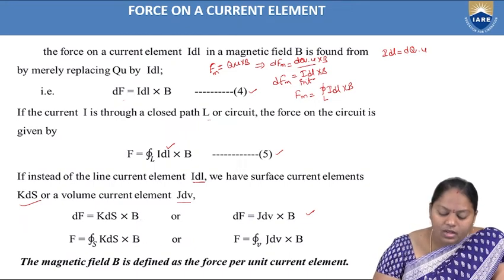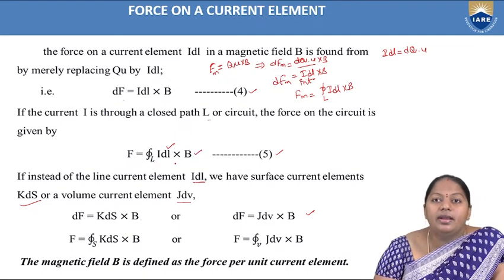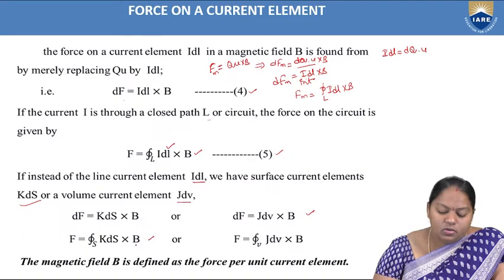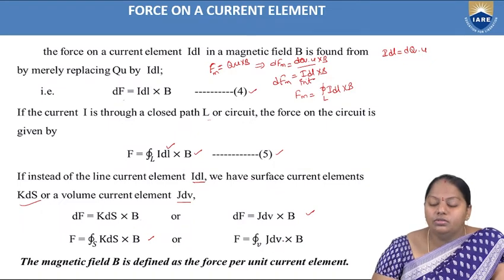Hence, F is to be obtained in the case of a line as the closed line integral L I dl cross B, for the surface the closed surface integral S K dS cross B, or for the volume the integral V J dV cross B.